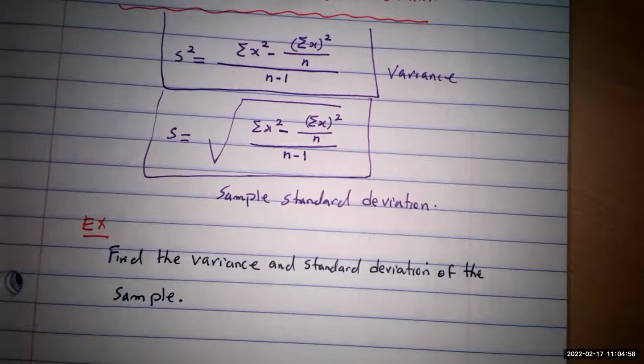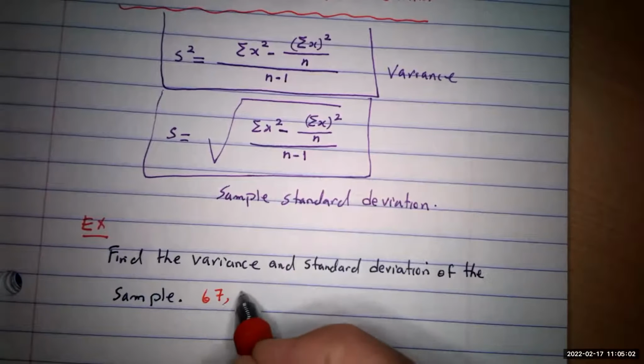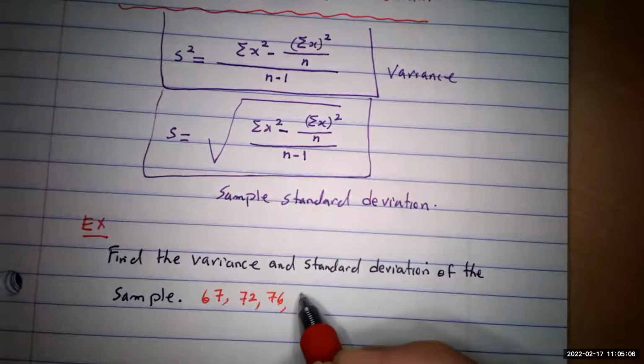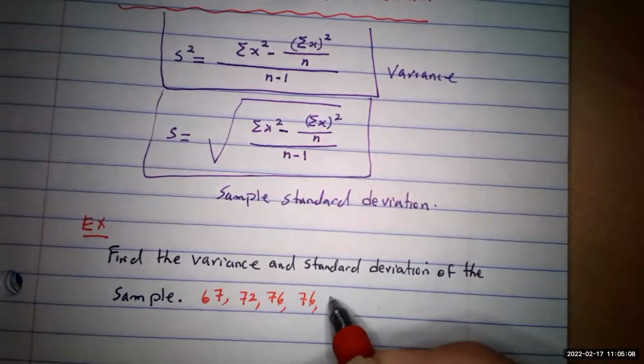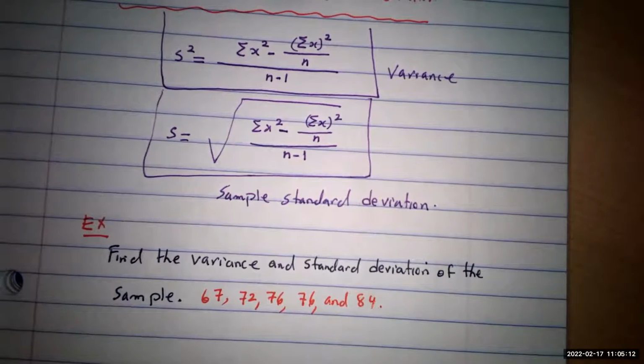The numbers, remember, were 67 inches, 72, 76, 76, and of course 84. Same one.